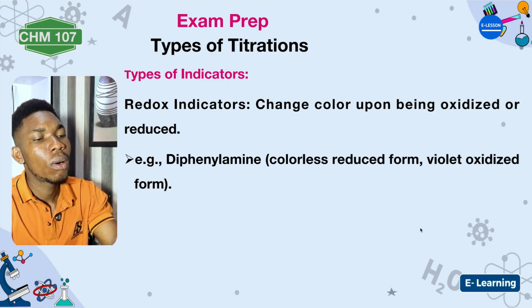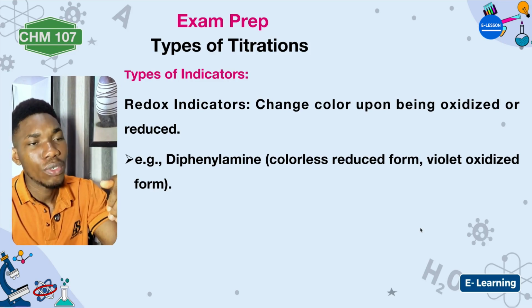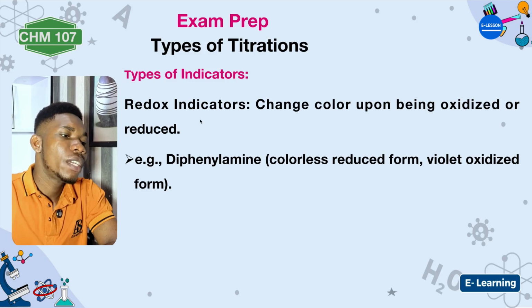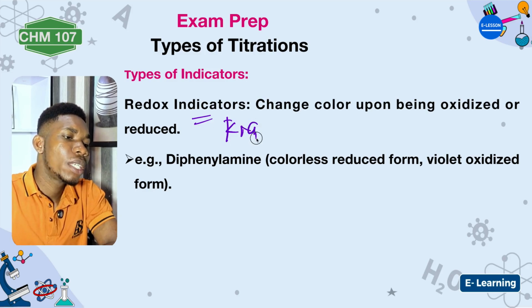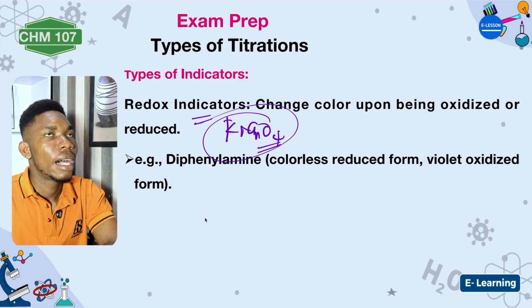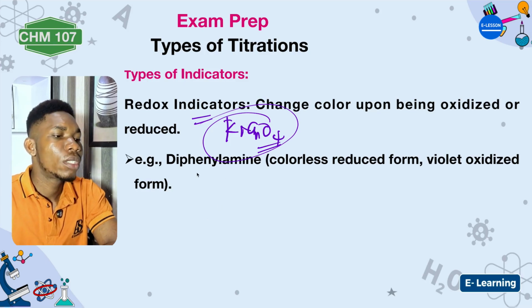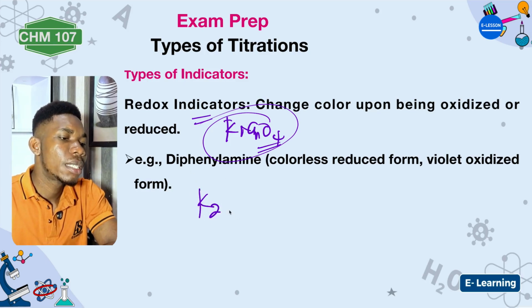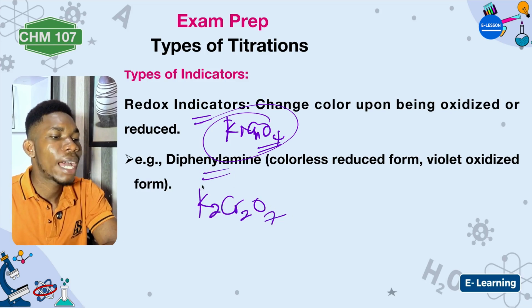Now, redox indicators. It changes color upon being oxidized or reduced. When something is being oxidized or reduced, it changes color. I've told you that in redox indicator, most times, KMnO4 is a self-indicator. It does not need any indicator. But if potassium dichromate is the oxidizing agent, you will be needing what?